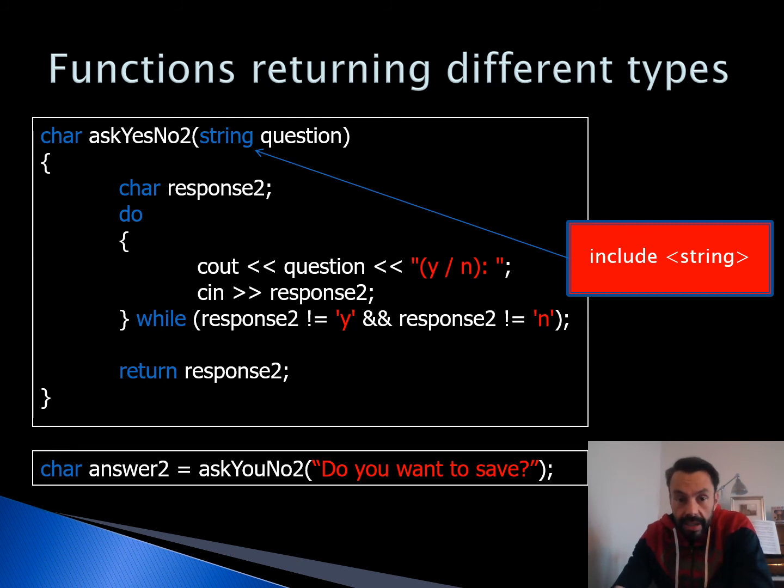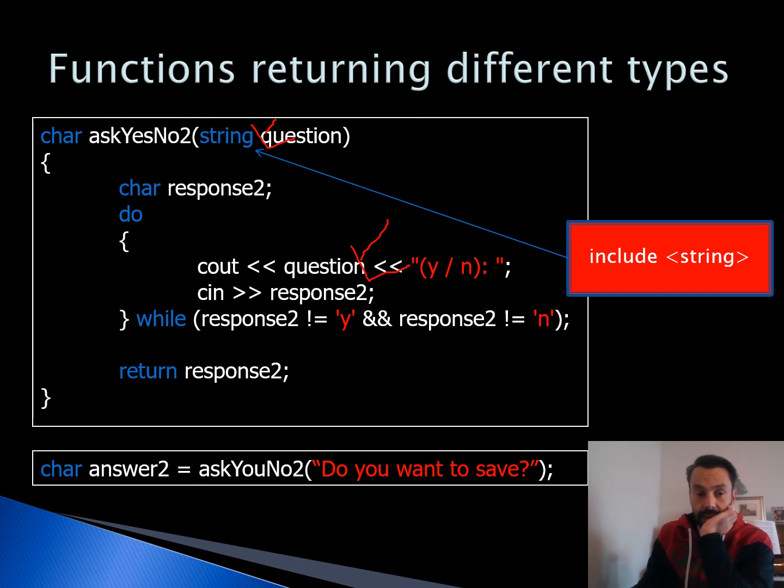But anyway, function returning different values. So you've got a string as a question here. You've got a character response, and then we've got a do while as well. Let's see, what was it actually doing? You've got character response, do cout the question, yes or no, and then you're putting in that particular response in C++.